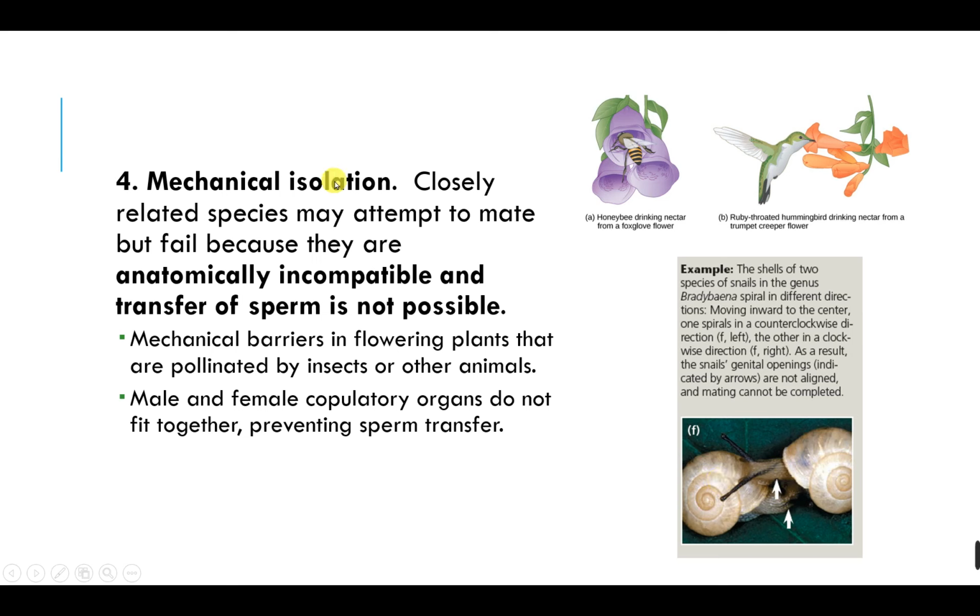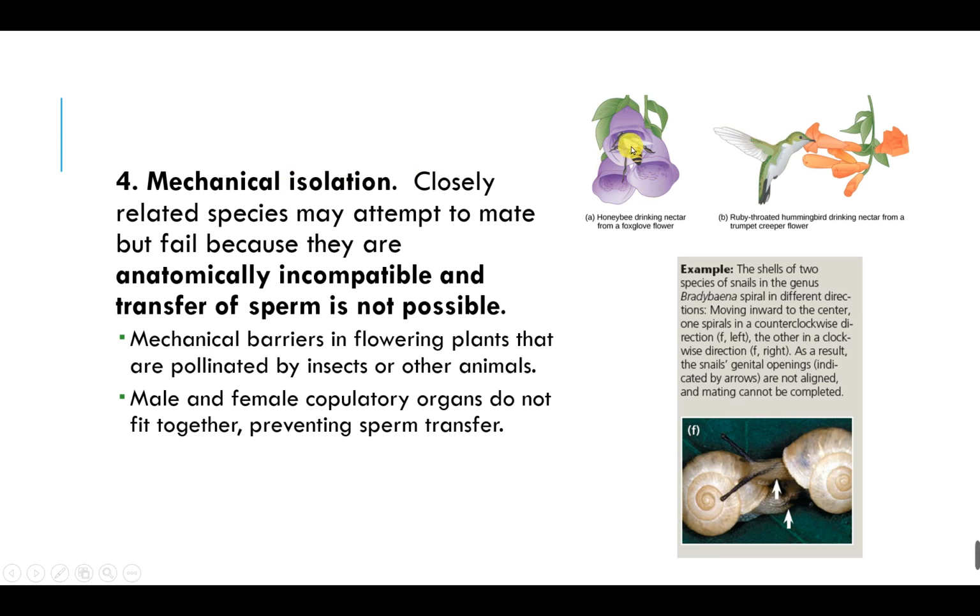It's about the anatomy. And also for plants, for example flowering plants, they use different pollinators. For example, this kind of species uses honeybees, and the honeybee carries the pollen to the next flower. But honeybees only feed on this kind of plant. A honeybee cannot, or may not prefer to, go to this other kind of plant because the shape of the flowers and the food may be different.